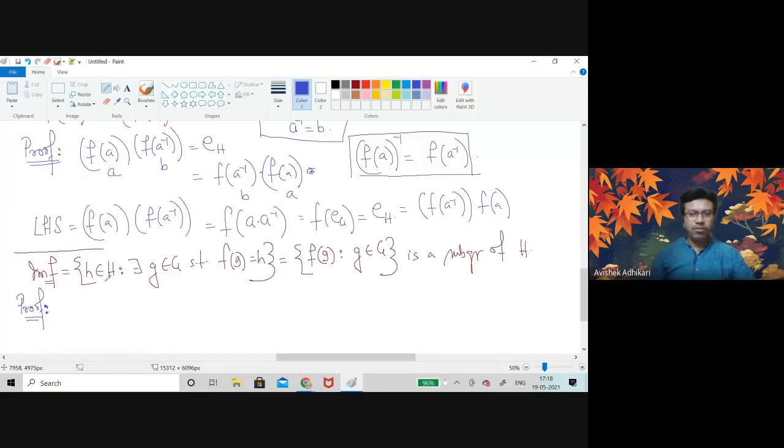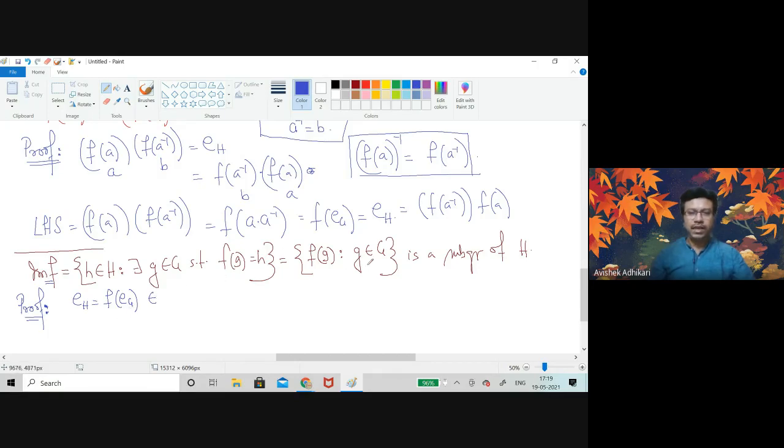How will you prove that the image of F is non-empty? F(E of G) equals E of H. Very good. So E of H equals F(E of G), which belongs to the image by definition.